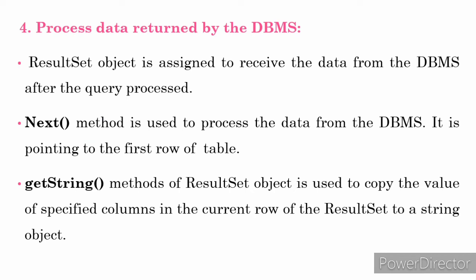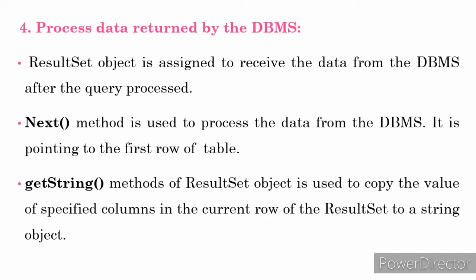The ResultSet object contains the methods used to interact with the data that is returned by the DBMS to the J2EE components. The next method is used to process the data from the DBMS, and it is always pointing to the first row of a table.